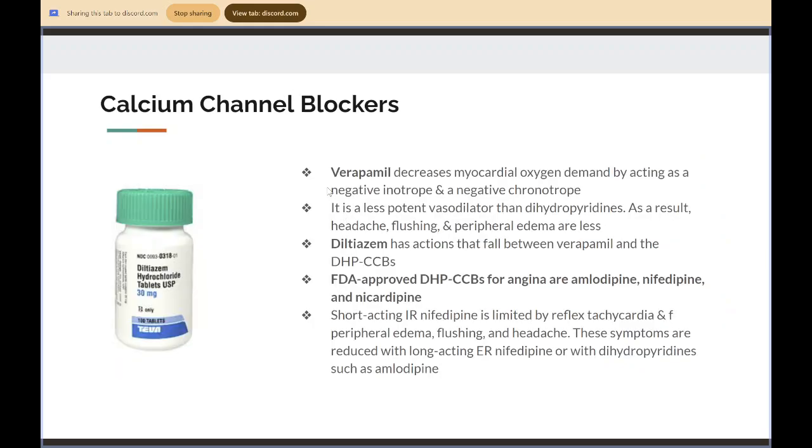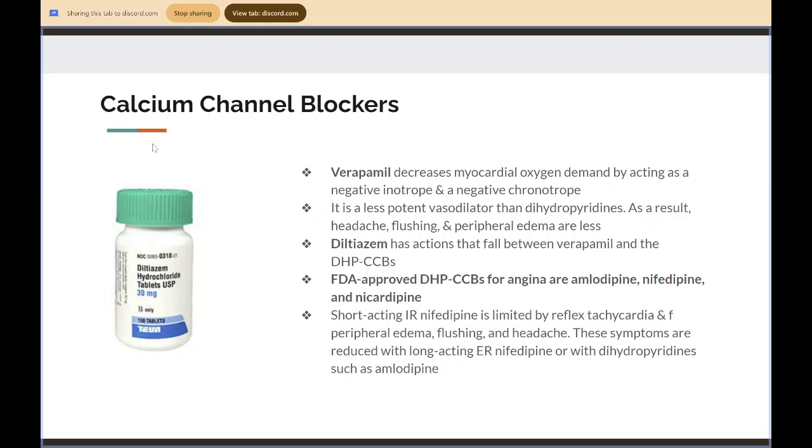So, continuing with calcium channel blockers, on the left we have a picture of diltiazem. Verapamil decreases myocardial oxygen demand by acting as a negative inotrope and a negative chronotrope. It is a less potent vasodilator than dihydropyridines, and therefore the adverse effects of headache, flushing, and peripheral edema are less.